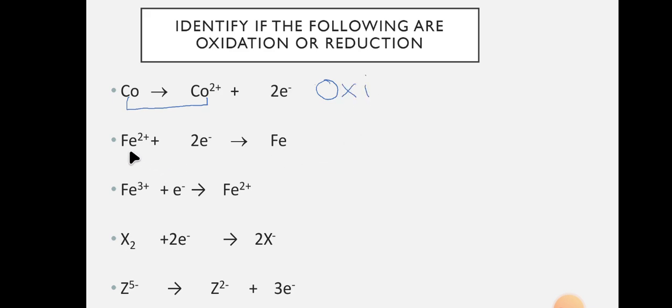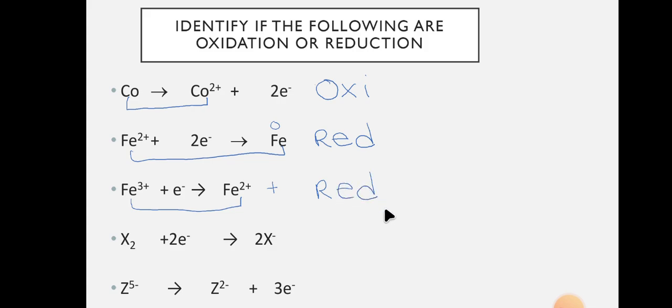If we're looking at this next one, like our example, Fe2 positive going to Fe with a neutral charge, that had to gain 2 electrons. So RIG is reduction involves gain. I'm just going to write RED here for reduction. Here we went from Fe3 positive to Fe2 positive. So you had to add in 1 electron. That's, again, gaining. So that's reduction.